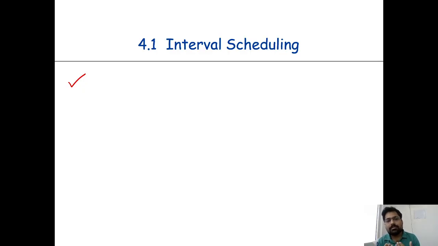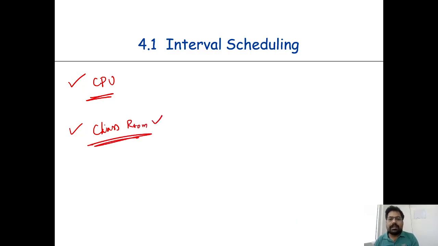The performance is enriched if the tasks are selected properly and completed properly. For that reason we can do CPU scheduling, which is taught in computer organization as well as in operating systems. The same applies to scheduling classrooms, scheduling teachers or teacher timings, or scheduling lectures inside the classroom. These are all part of interval scheduling, which is why we need it to be done properly.